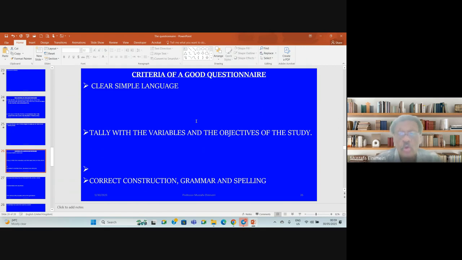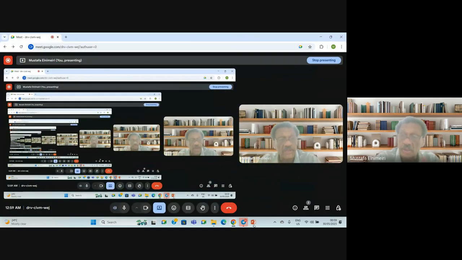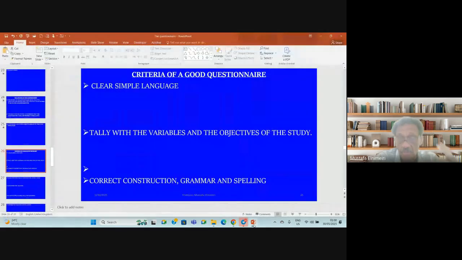The criteria of a good questionnaire: it should be in clear, simple language, and tally with the variables and the objective of the study. As we have mentioned, the questionnaire should be based on the list of the study variables. It's very important. And also, it is correctly constructed, and the grammar and spelling are checked so that everything is fine.